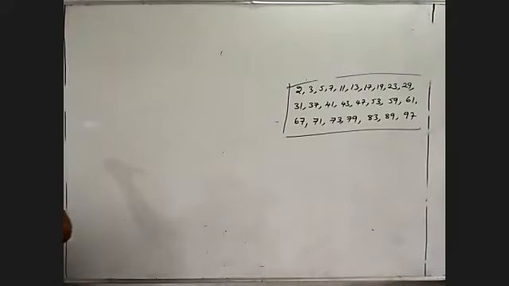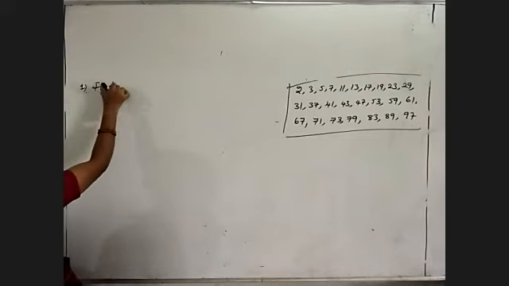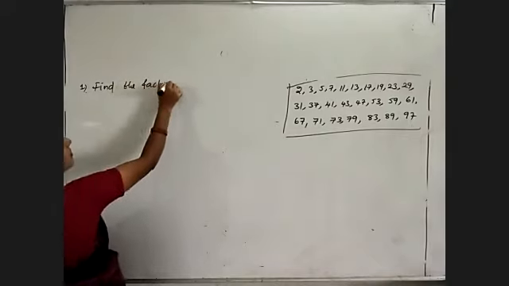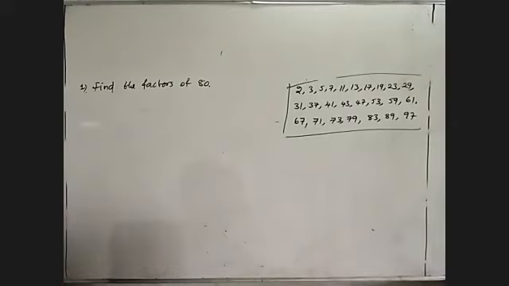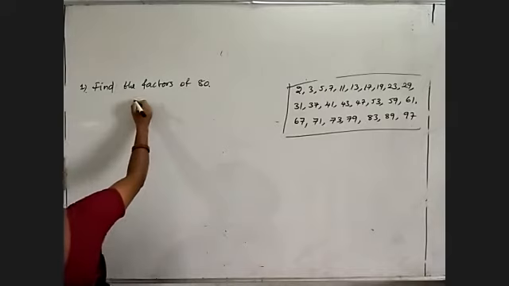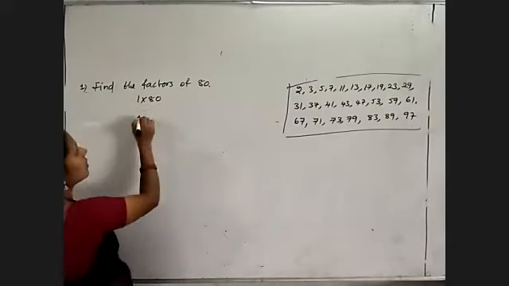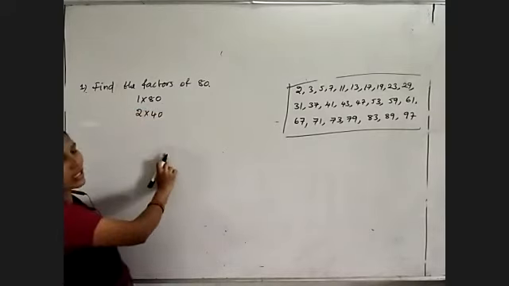Find the factors of 80. This question depends on factors. For 80, we need to find the factors. Observe how we can write, as I told you already: 1 into 80 is 80. 2 into 40 is 80. The 3 table, 80 will not cancel.